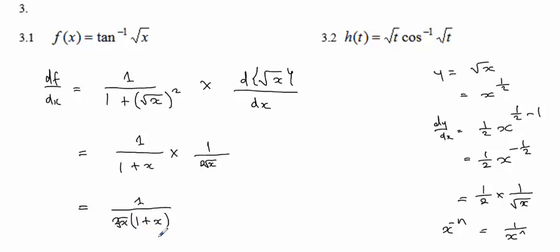Some people remove the brackets here, but it becomes clumsy. Then somebody writes something like this: you've got 2 x to the power half plus 2x to the power 3 halves.